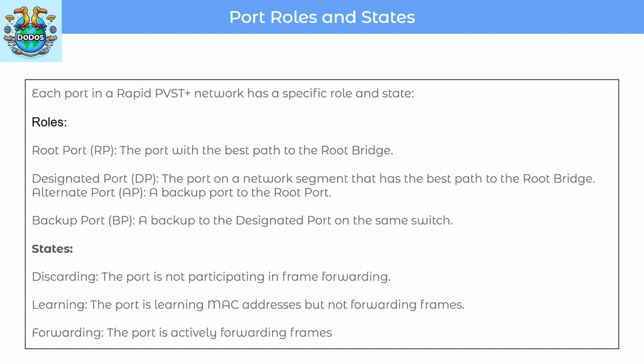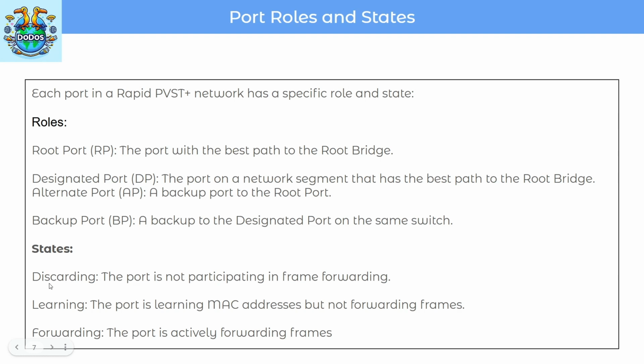Port roles and states. Each port in a Rapid PVST+ network has a specific role and state. Roles are root port, or RP, the port with the best path to the root bridge; designated port, or DP, the port on a network segment that has the best path to the root bridge; alternate port, AP, a backup port to the root port; and BP, or backup port, a backup to the designated port on the same switch.